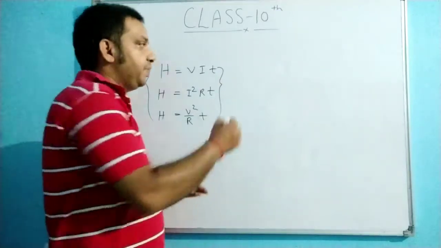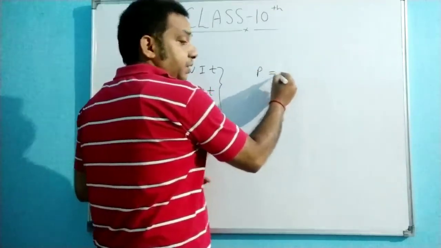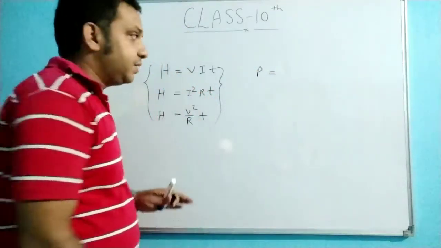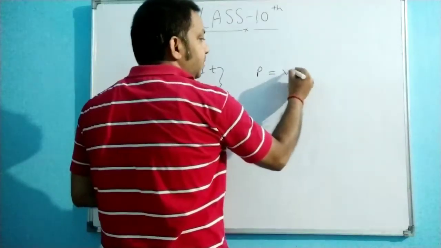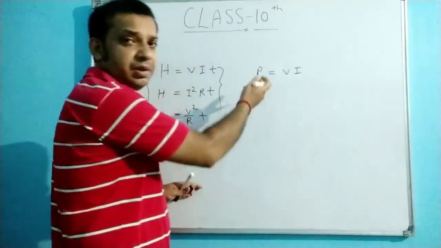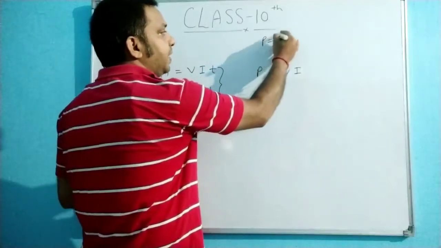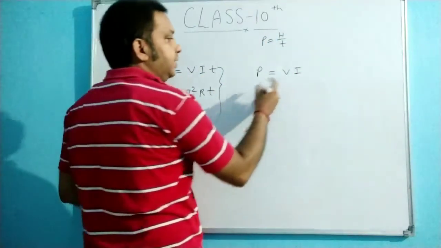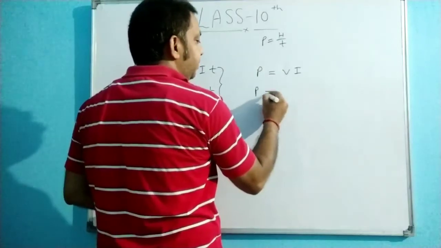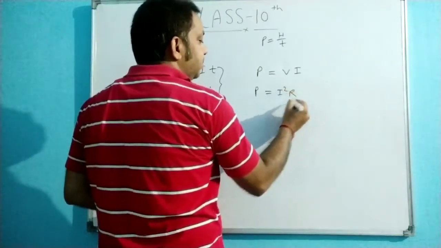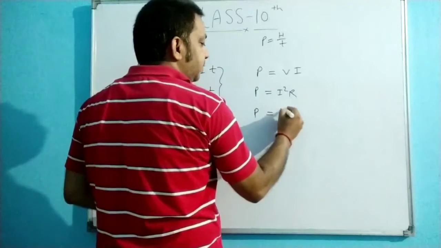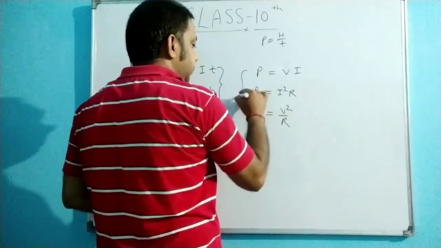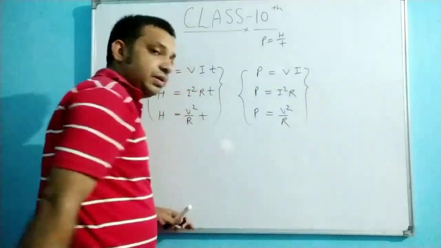And if you aim to find the power developed across the resistor, then we have the formula P = VI, because P is equal to H by t. So everywhere the t gets eliminated: P = VI, P = I square R, and P = V square by R. So this is the formula for the power, right?